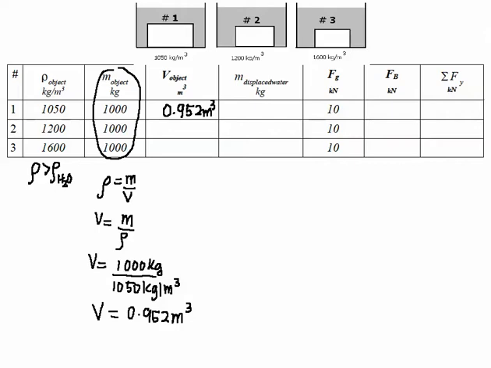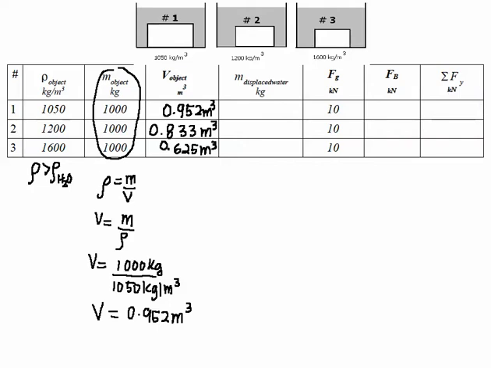If we do the exact same calculation for the second one, we find a volume of 0.833 cubic meters, and for the last one, 0.625 cubic meter.